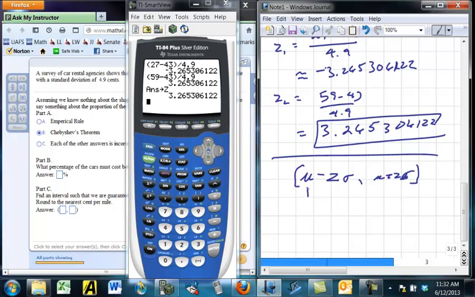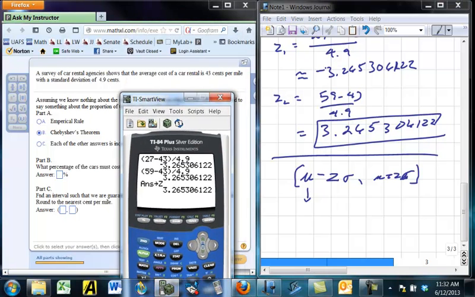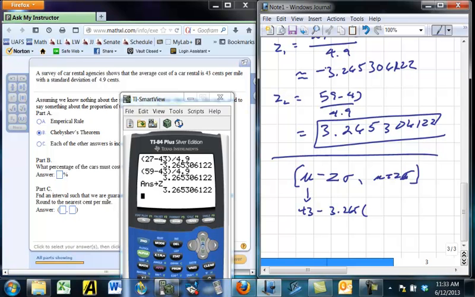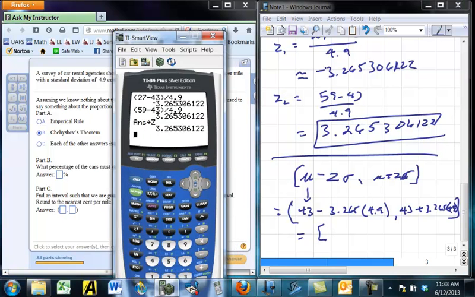If we put in the numbers, we have a mu of 43, and then this z, rounded off to 3.265, times the sigma of 4.9, and then we do the same thing with the plus. That interval is the same as the interval we're given, 27 to 59.